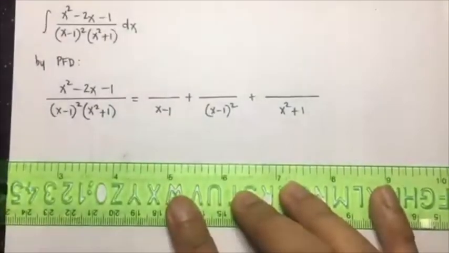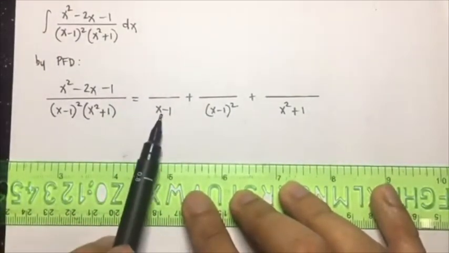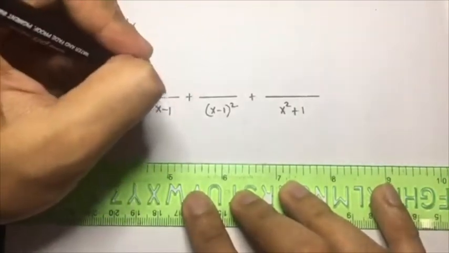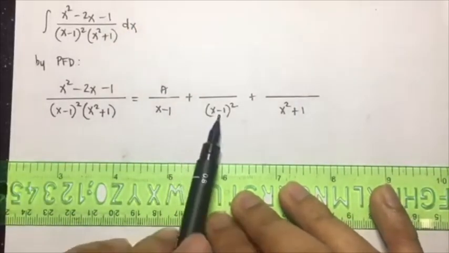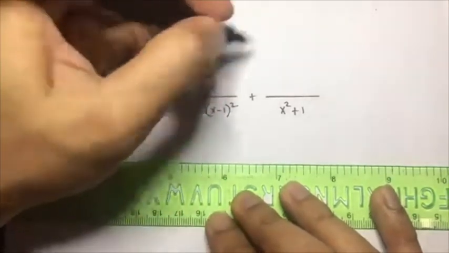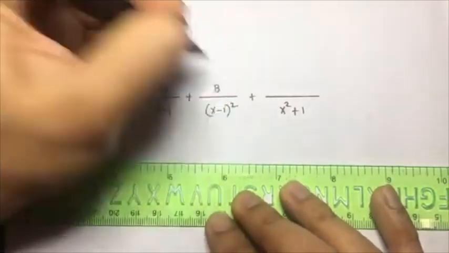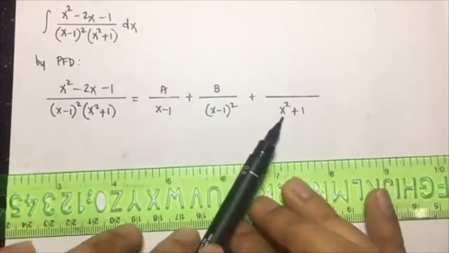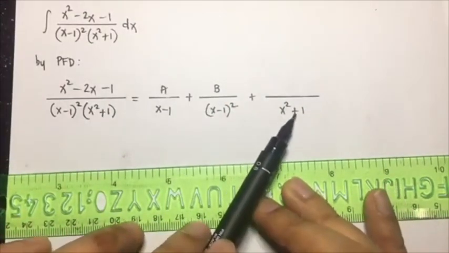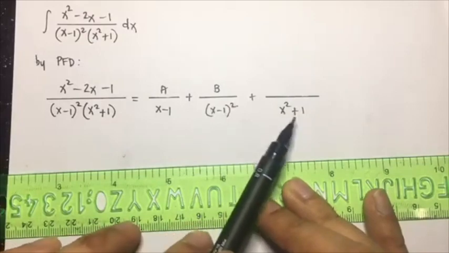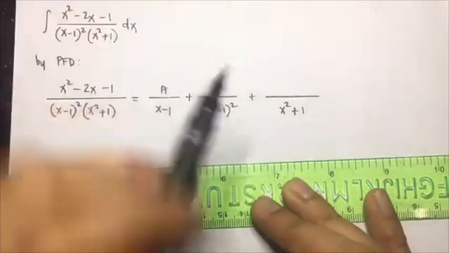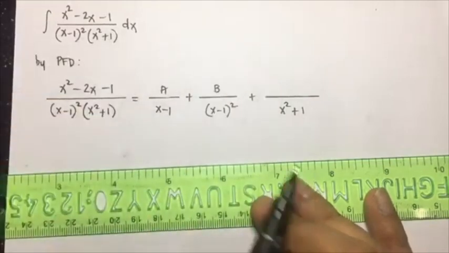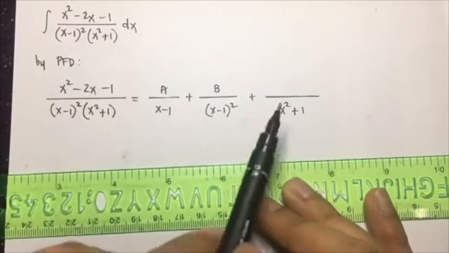So for the numerators, since we have a linear factor, in the numerator we will have a constant unknown a. Also here we have a linear factor, so the numerator will be a constant unknown, let's say that is b, and then here we have a quadratic factor, so in the numerator it must be linear, so we will write it as cx plus d.